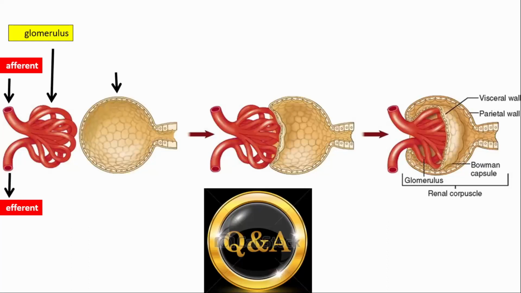Now we have the starting system of the collecting ducts, and the starting point is a structure that has a cavity, and this is called the renal capsule.